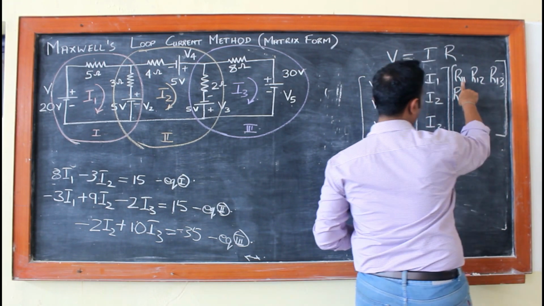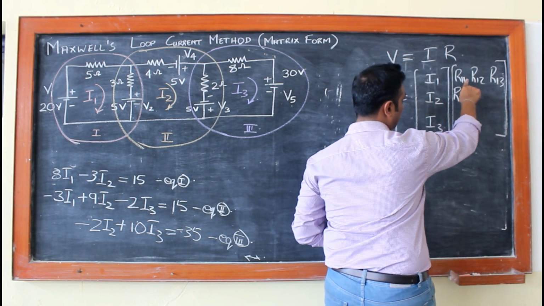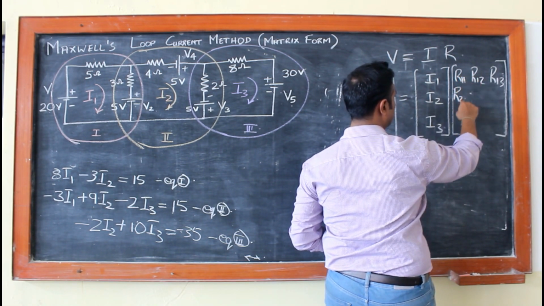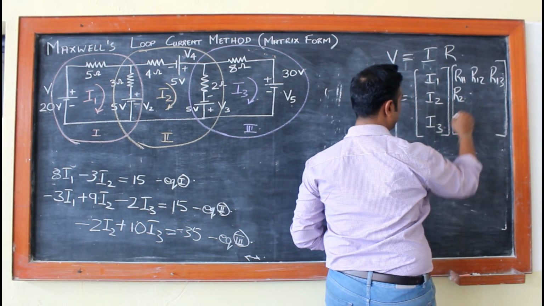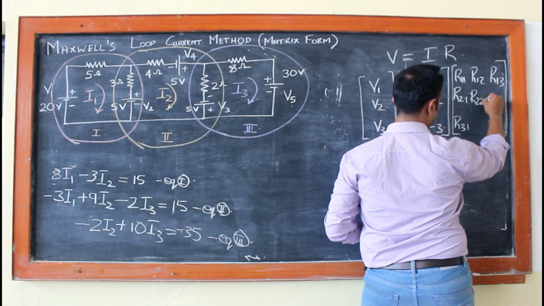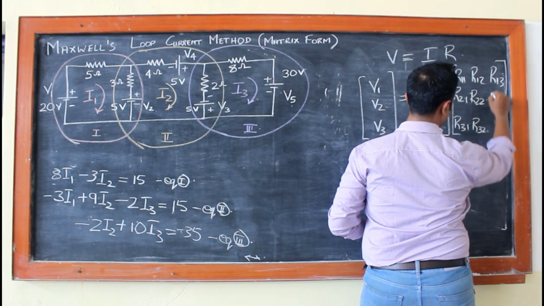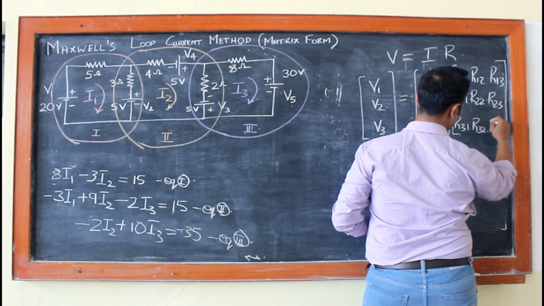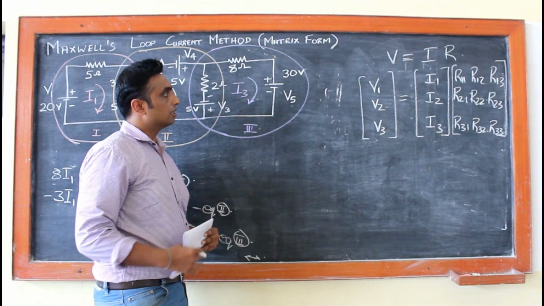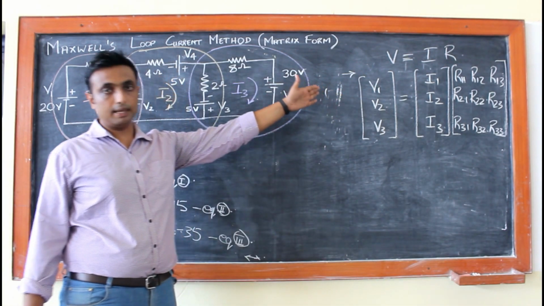Again, the first subscript indicates my row and the second subscript indicates my column. So this is first row, first column, R11. This is my second row and this is my third row in the first column. Then my second row in the second column, third row in my second column, and the same way, third row, third column. So now we have our matrix mode.